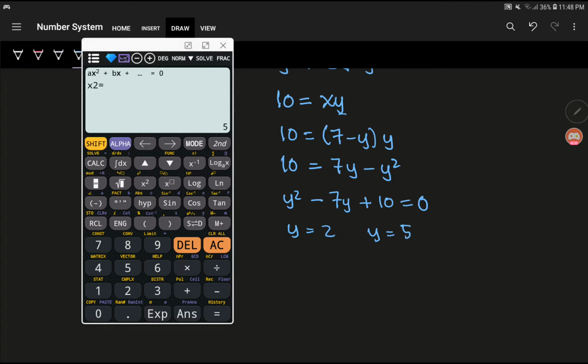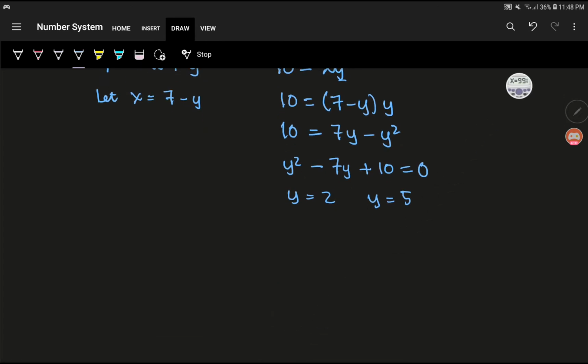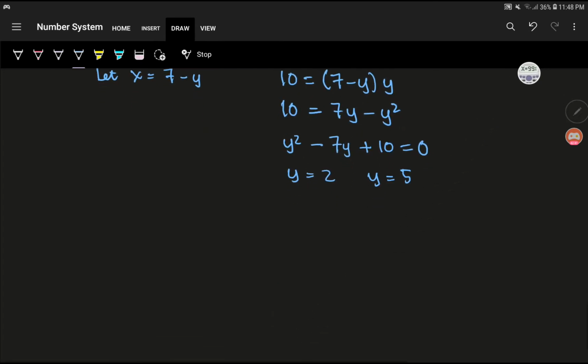So when we have these two numbers, for the first y, when y equals 2, x is 7 minus 2 equals 5.